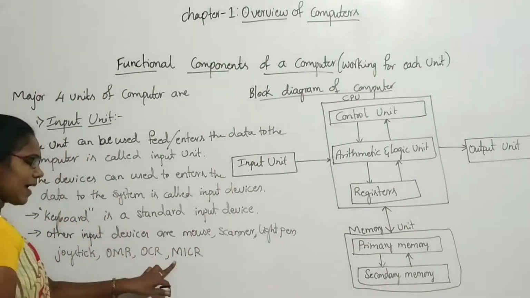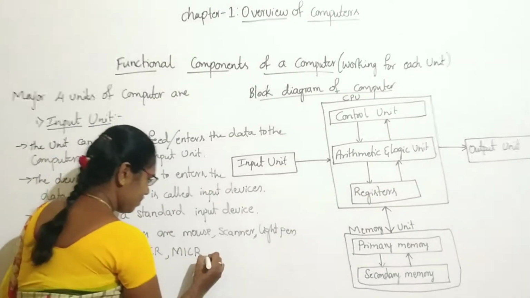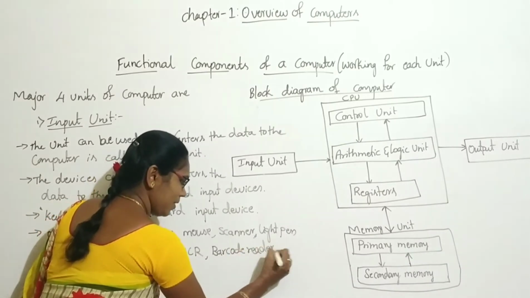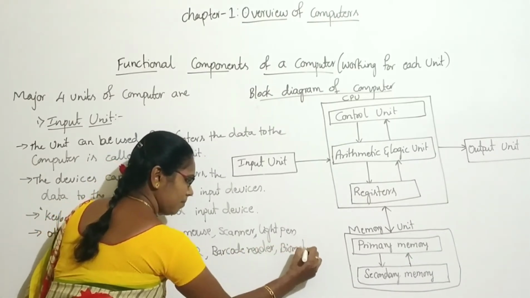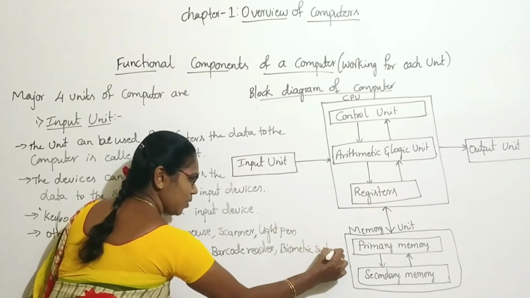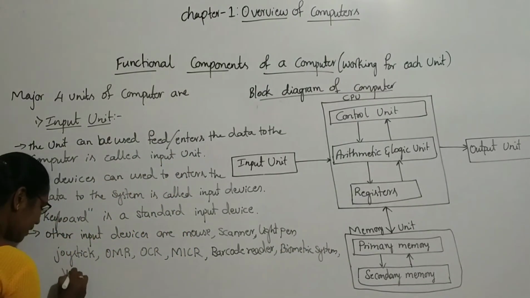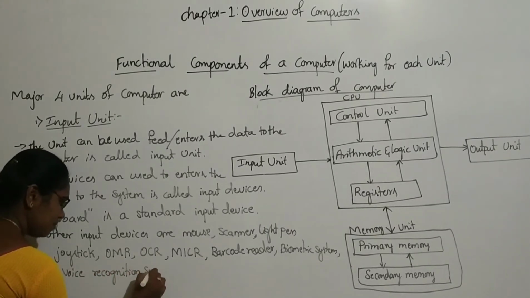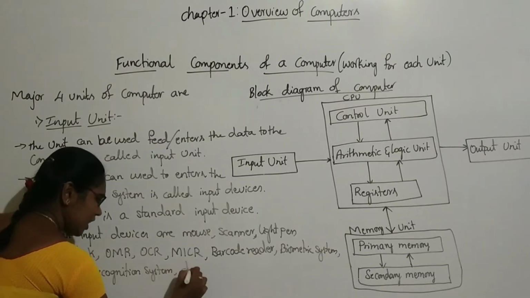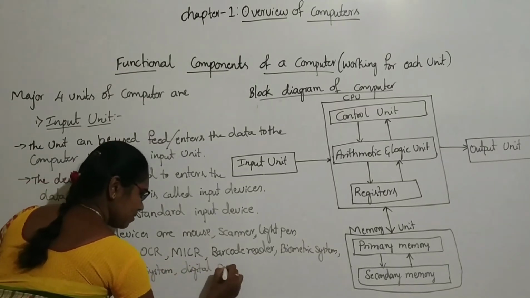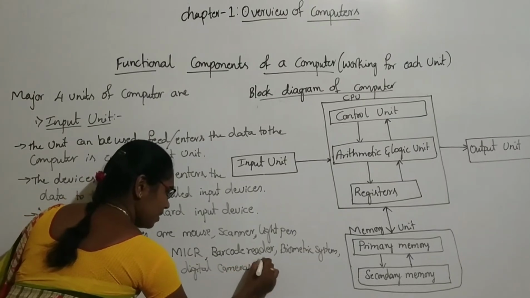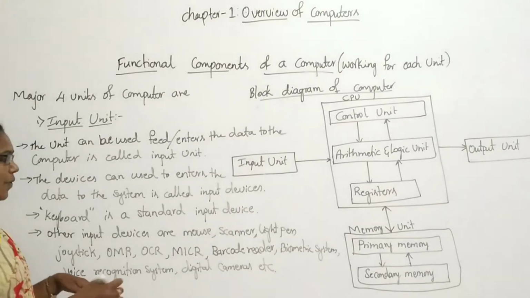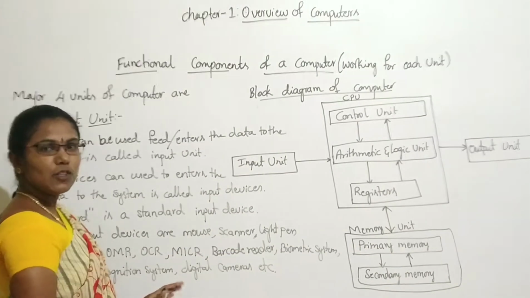MICR stands for magnetic ink character recognition. Barcode reader, biometric system, voice recognition system, digital cameras, etc. These are all different input devices used to enter different types of data to the computer system.